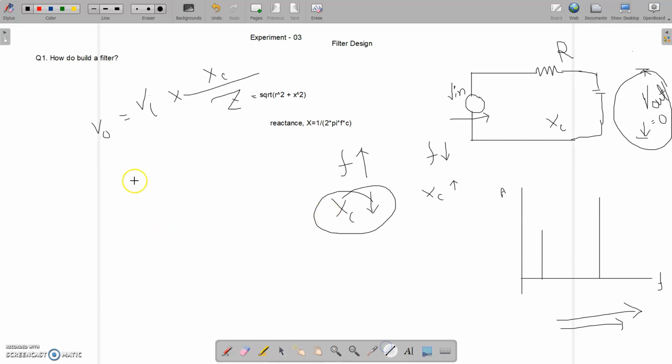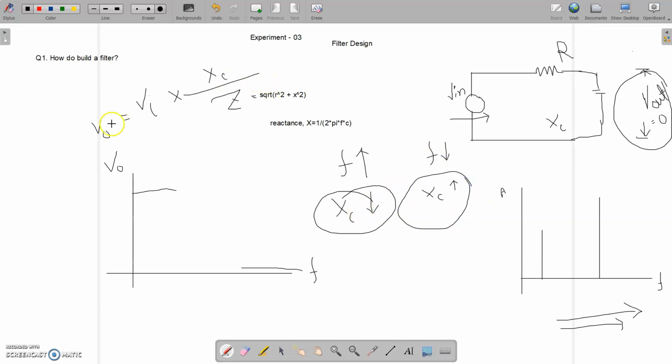Now if we try to plot a figure, this is my frequency, and this is my V output. As the frequency was getting higher, my V output was getting lower and lower, going towards 0. When I have very low frequency, Xc is very high, so I have very high output, since Xc is proportional to my V output.